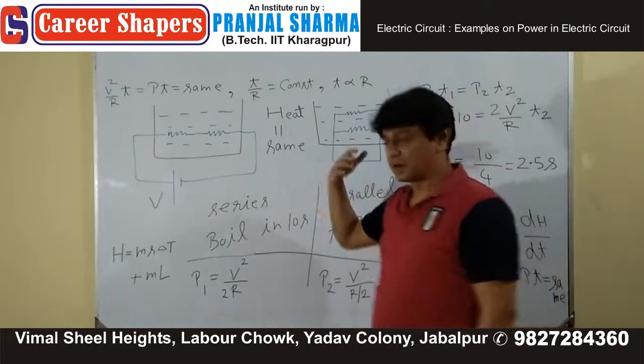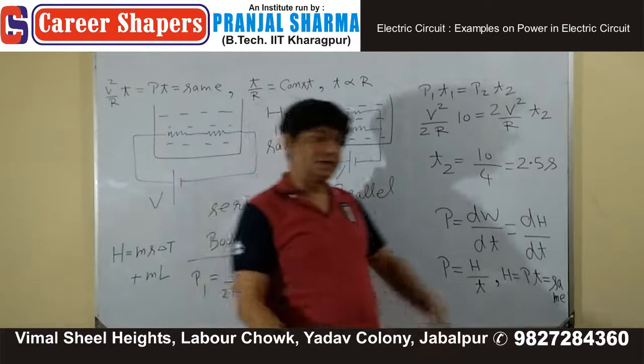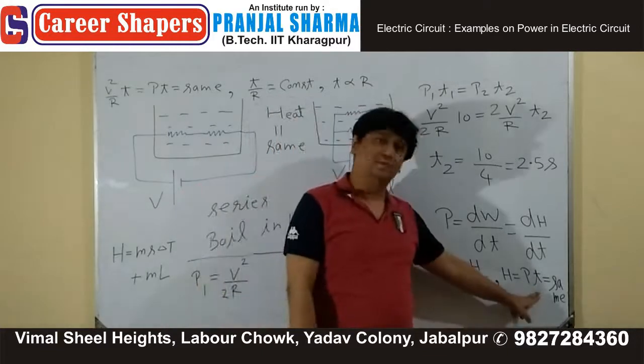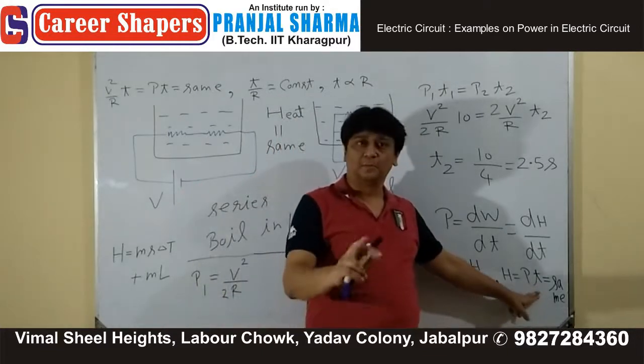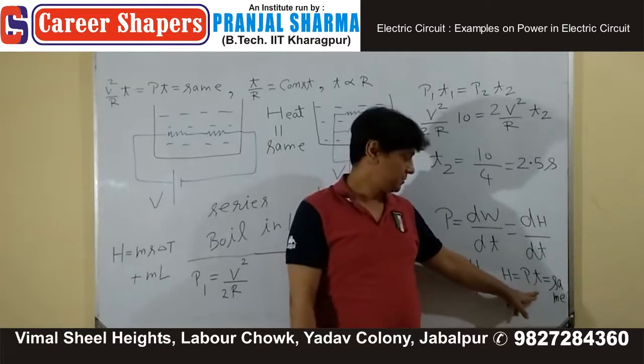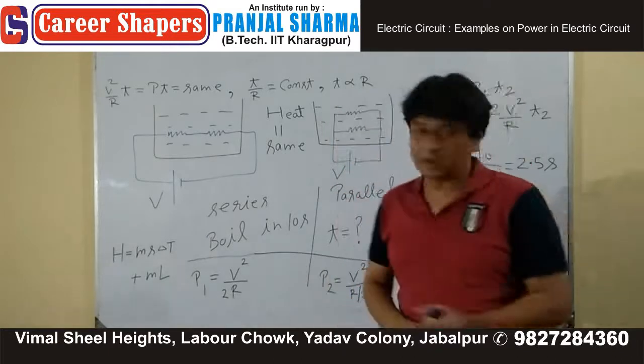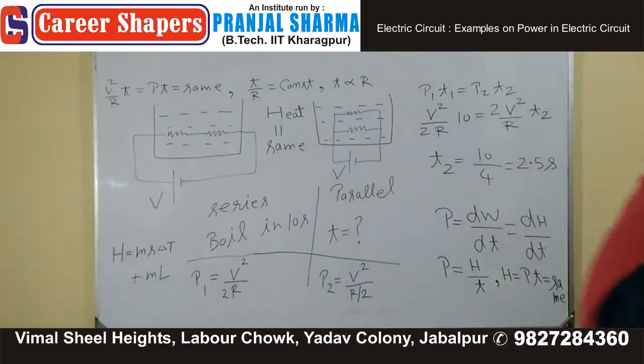But then you're creating so many results. So what I suggest is remember this: P multiplied by T is same. Note down this and answer the last part of the question.